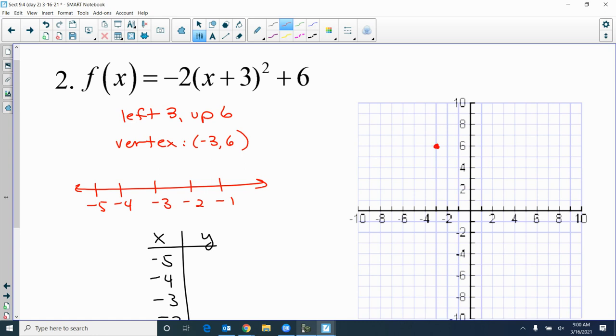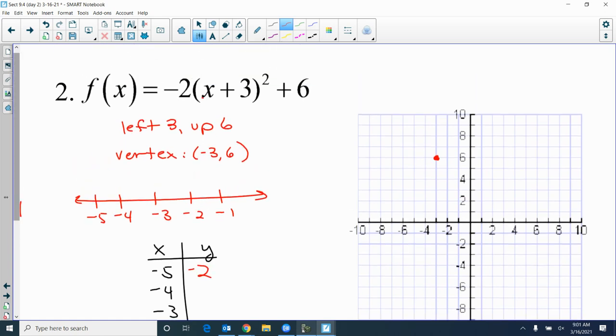And so I want to plug in. Hey, let's kind of do this mentally. What's -5 plus 3? -2, right? What's -2 squared? 4. What's -2 times 4? -8 plus 6? All right, it says -2.